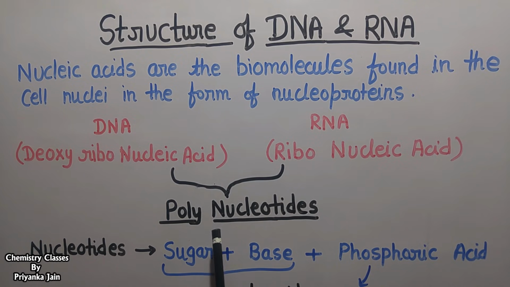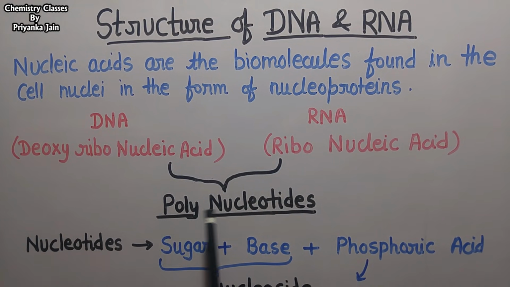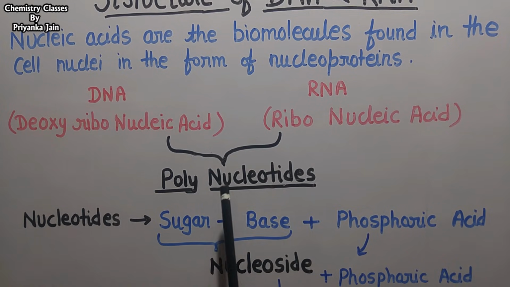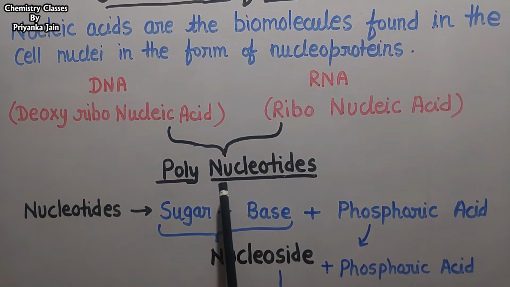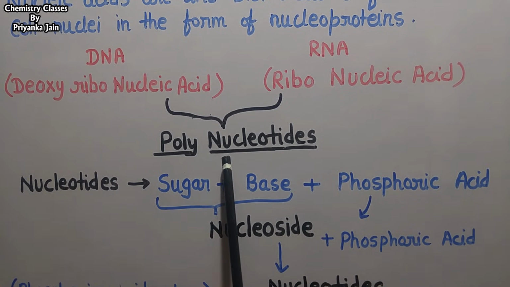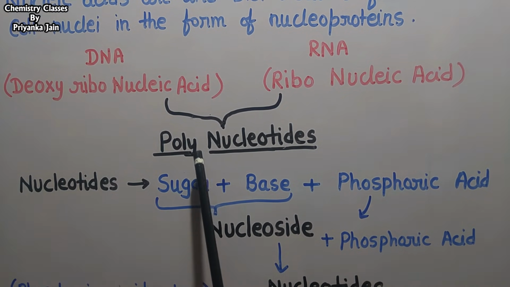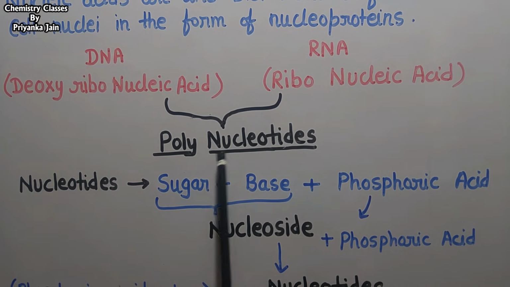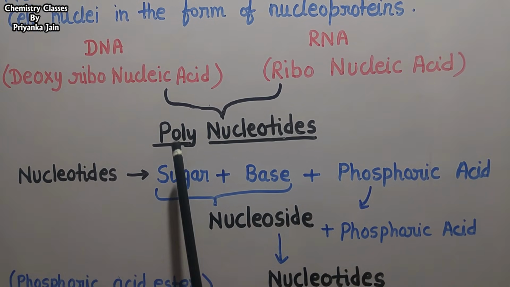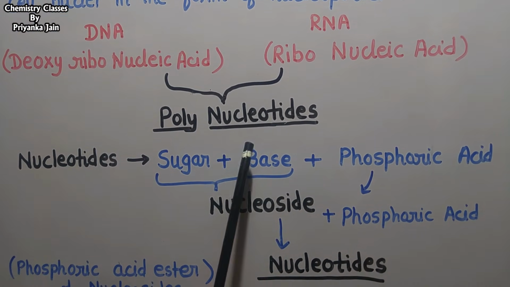What are polynucleotides? The word poly means polymer and it is the polymer of nucleotides. It means the nucleotides are present as the monomer units. Several nucleotides repeat again and again and they form a polymer structure, that is polynucleotides. So DNA and RNA both are polynucleotides.